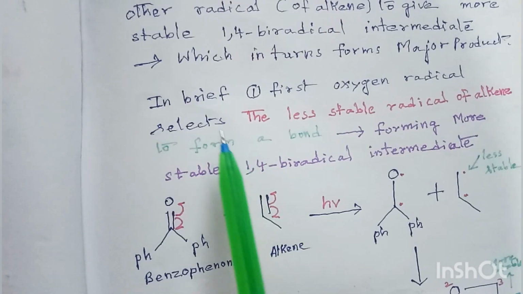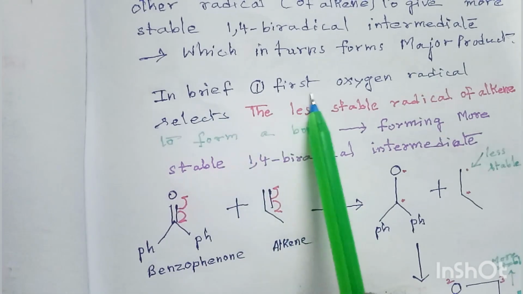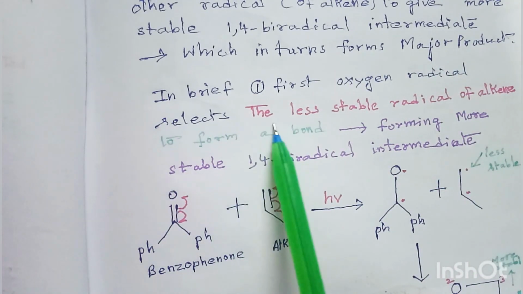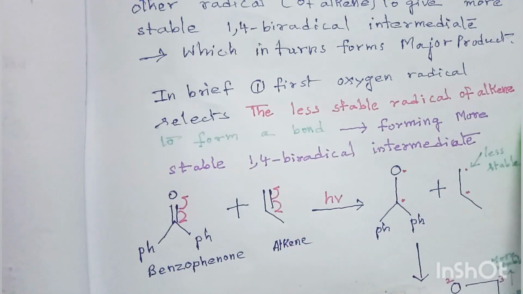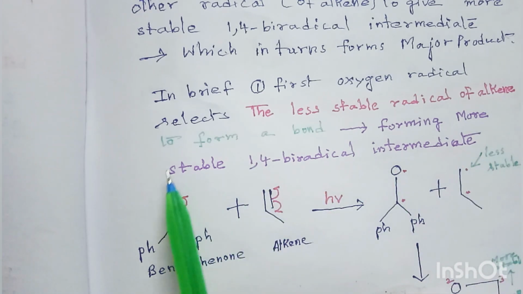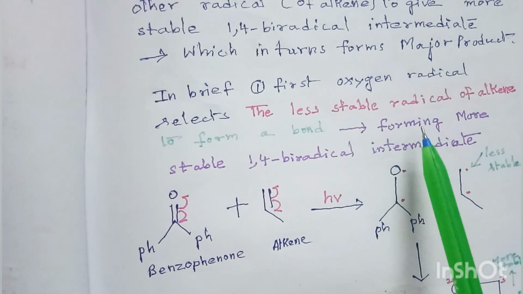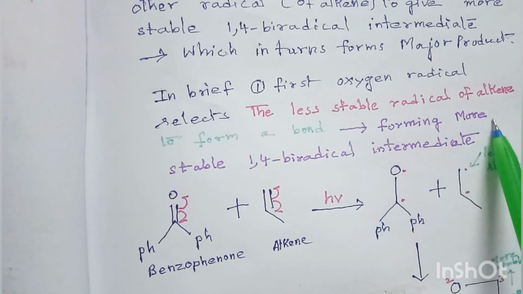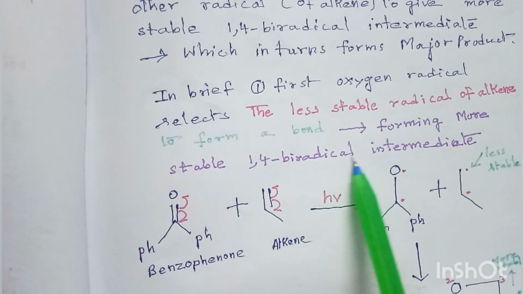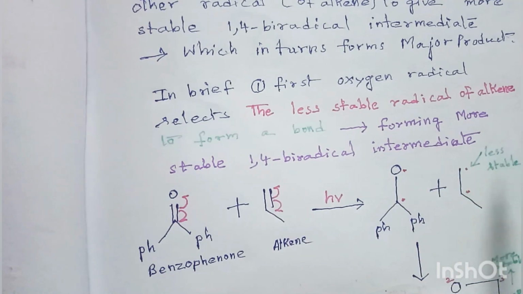In brief, first the oxygen radical selects the less stable radical of the alkene to form a bond, thereby forming the more stable 1,4 biradical intermediate.